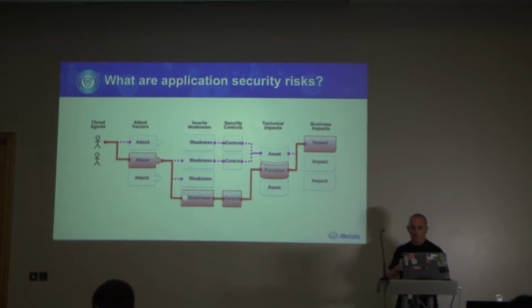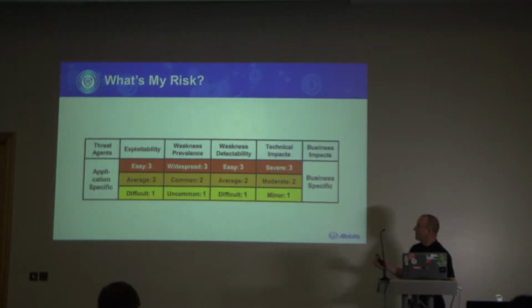You have to look at the threat agents, attack vectors, and the weaknesses, and figure it out. These feed into the way that OWASP determine risk and actually come up with the top 10. They use the OWASP risk rating methodology, which is now incorporated into the OWASP testing document, and OWASP uses this to rank the top 10.